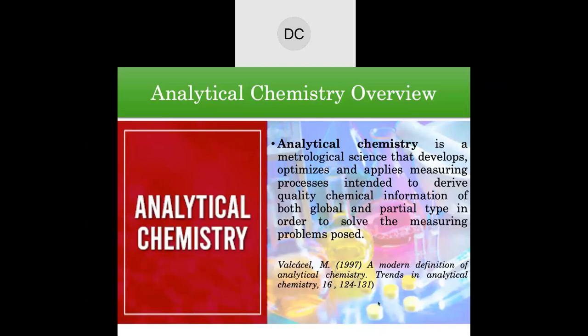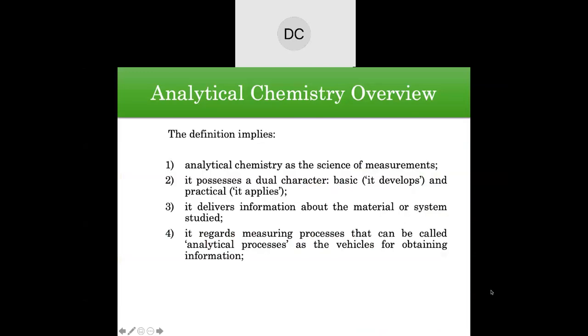Next, okay, the definition implies analytical chemistry as the science of measurement. Kita cakap analytical chemistry is the science of measurement, berkaitan dengan ukur-ukur benda ni. It not only implies the quality of the chemicals, but also it involves the quantity. It poses dual character, develops and applies.